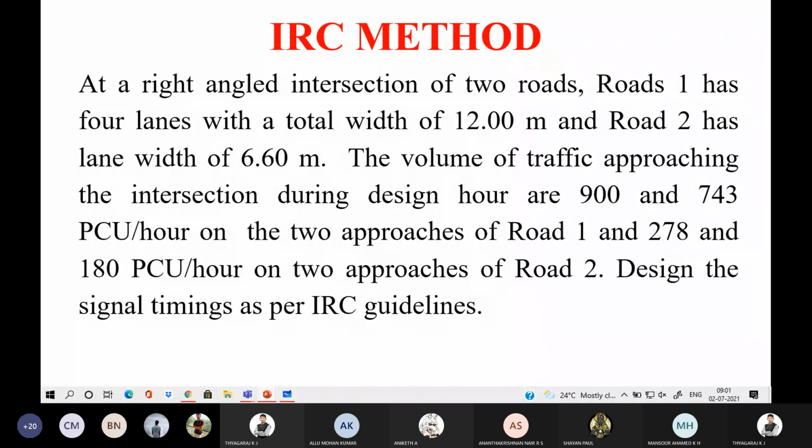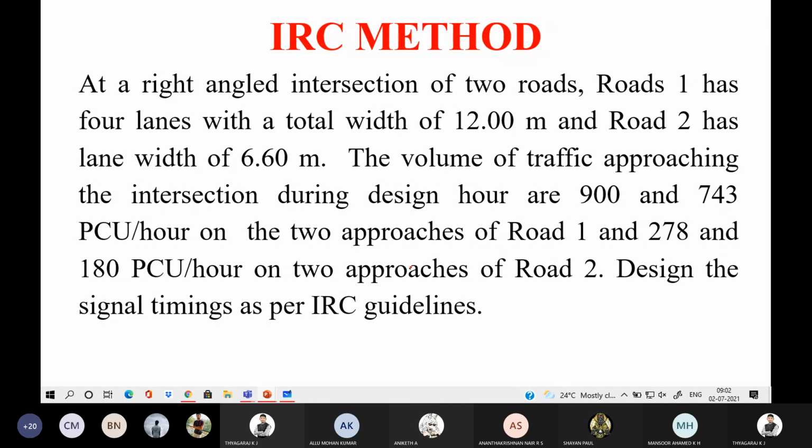The volume of traffic approaching the intersection during design hour are 900 and 743 PCU per hour on the two approaches of road 1, and 278 and 180 PCU per hour on two approaches of road 2. Design the signal timings as per IRC guidelines.